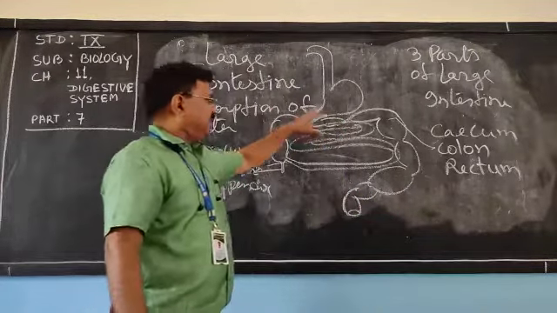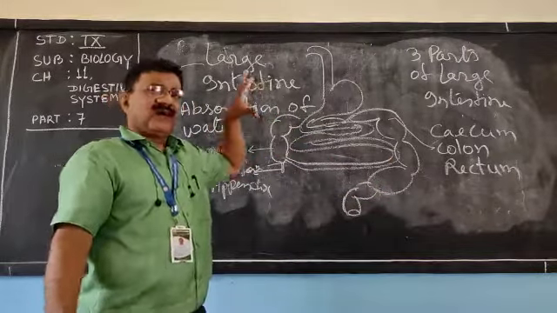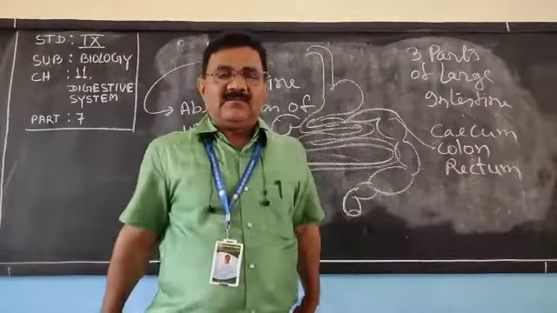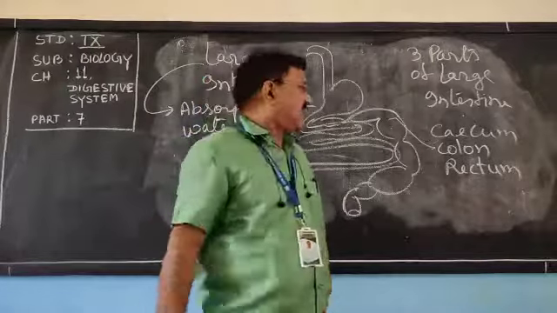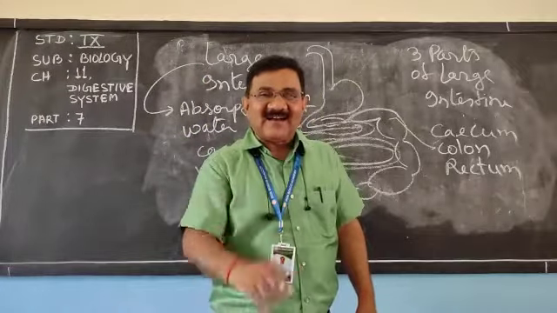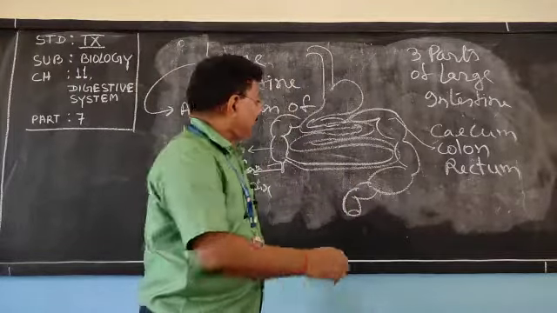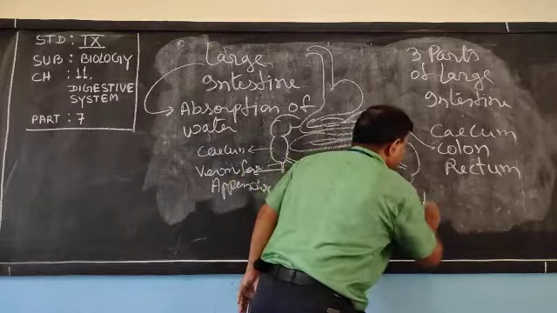What happens in this large intestine? From the undigested food, water is absorbed. If water is absorbed from the undigested part of the food, it will become semi-solid, and that semi-solid part is stored in the rectum.